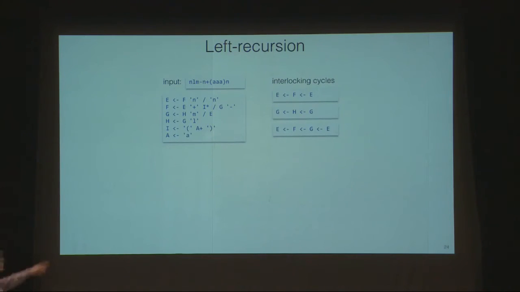Well, you have E calls into F, which calls into E, straightforward. Same thing, G calls into H, calls into G, also straightforward.